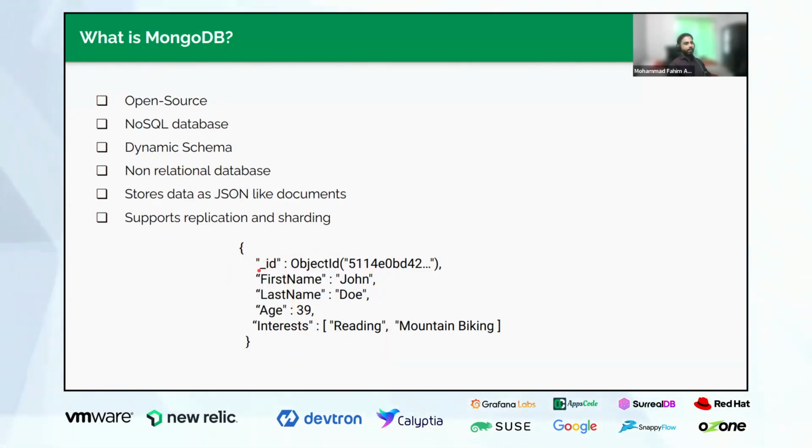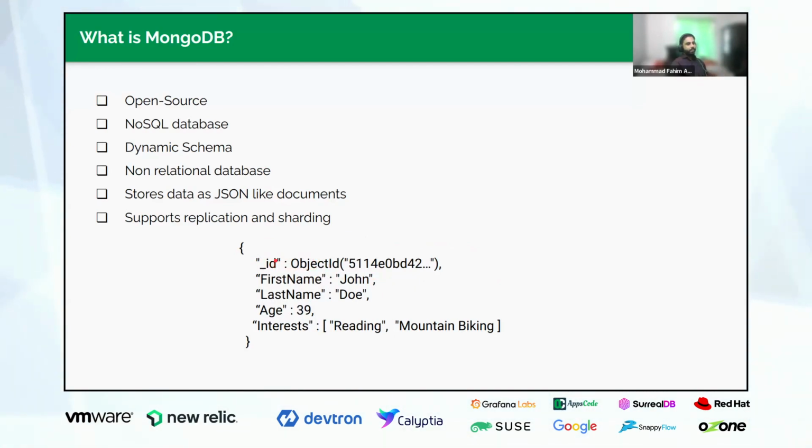You put your data in that JSON-like format. You have a dynamic schema. In the SQL-based approach, you have a specified schema, that means a table has to have 3 columns or 4 columns, which is already defined. But with a NoSQL database, there is no defined structure. You can create it however you want.